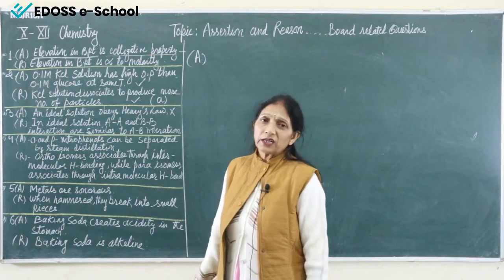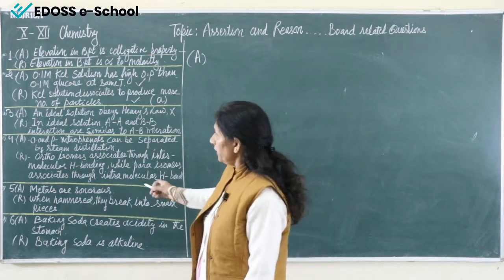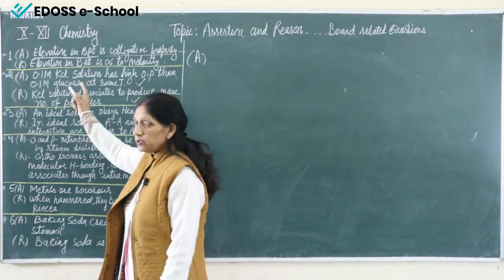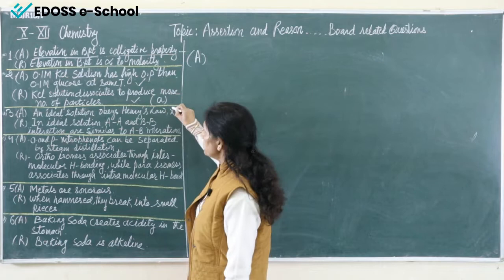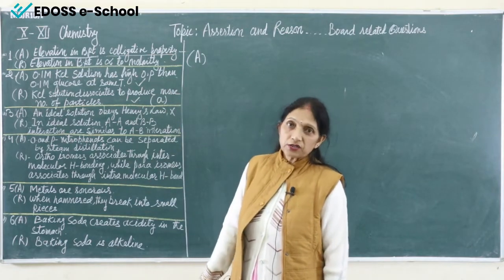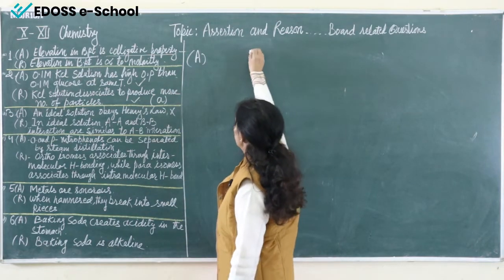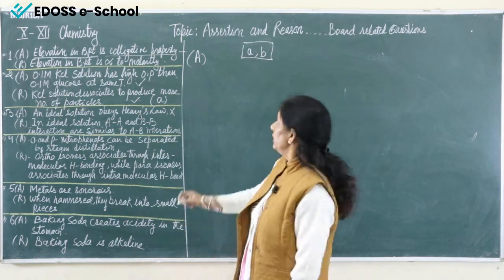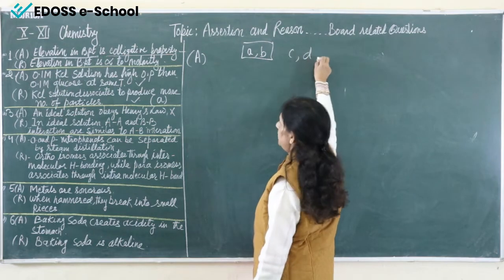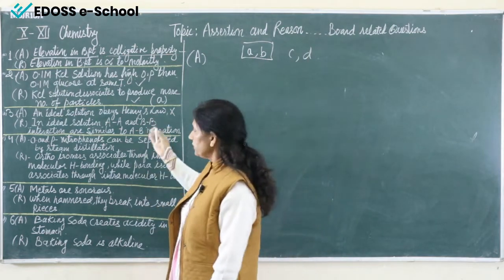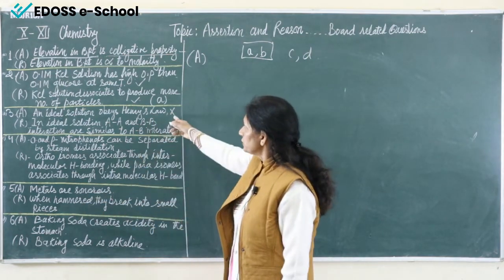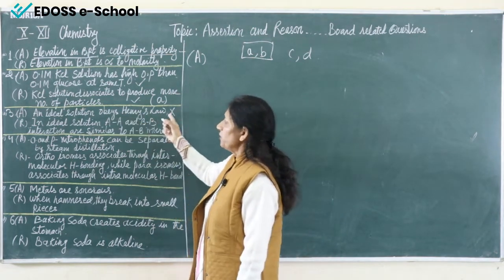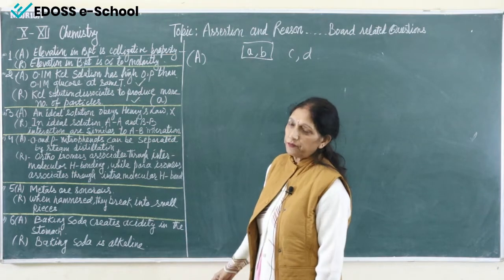So the statement is incorrect. Because the statement is incorrect, that means the assertion is wrong, so options A and B should not be there. Now we have to find from C and D. So here it is already clear that C is wrong, because your statement is wrong, that means the assertion is wrong.